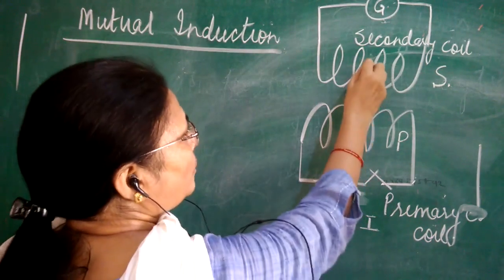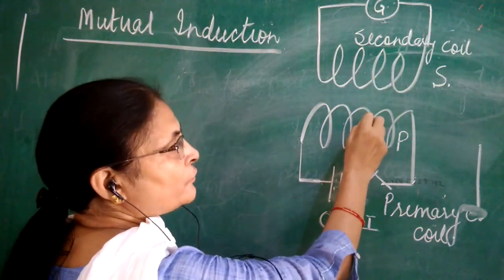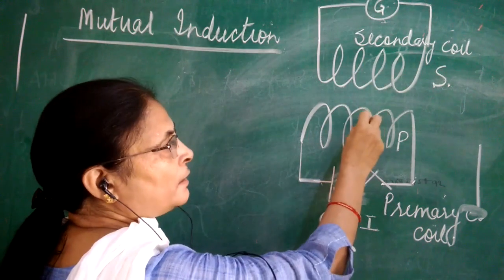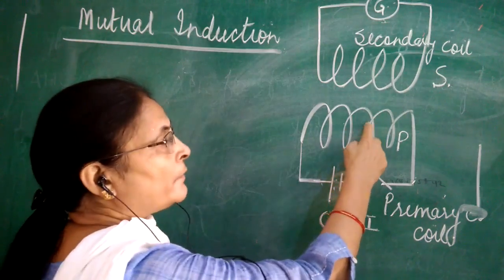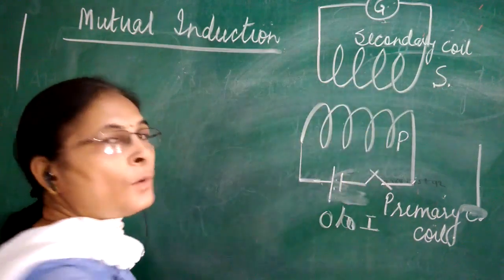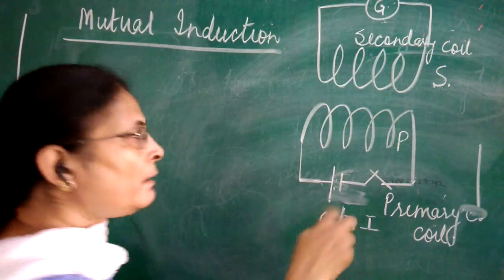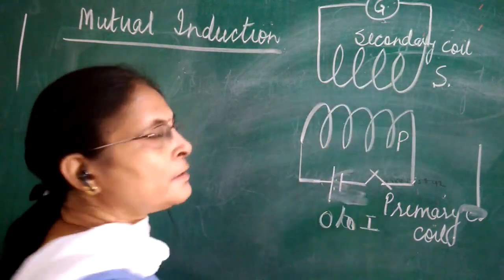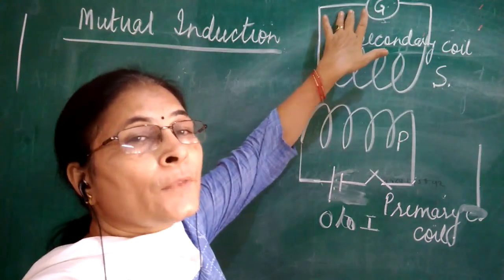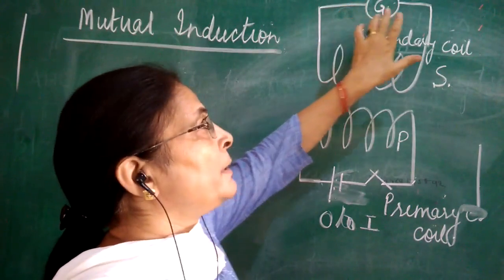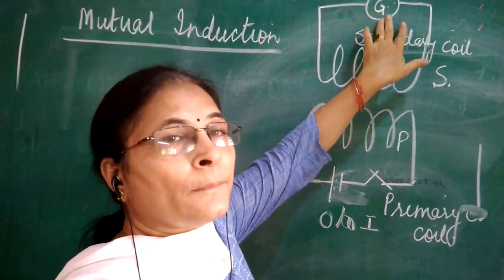A nearby coil is now under the effect of the changing magnetic field produced here, and therefore a small current, depending upon the number of turns, will get induced in the secondary coil, which will be detected by the galvanometer.